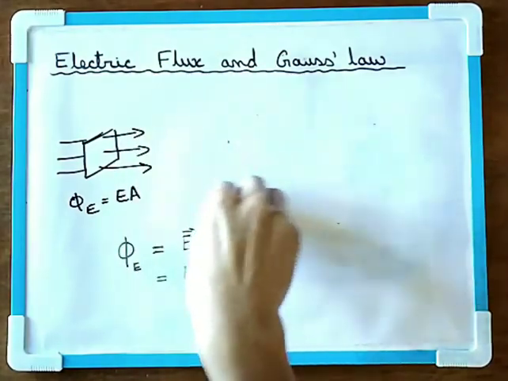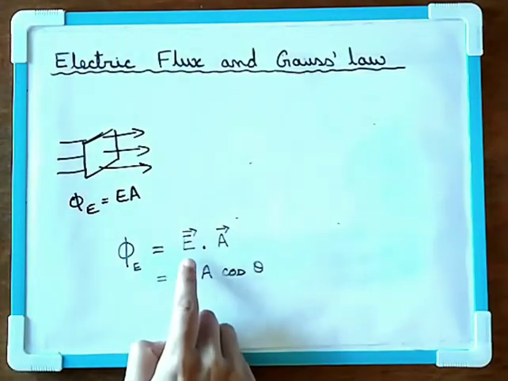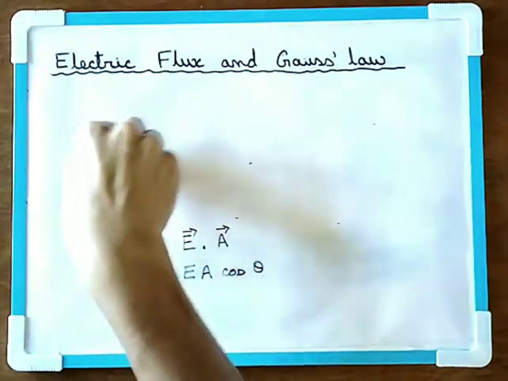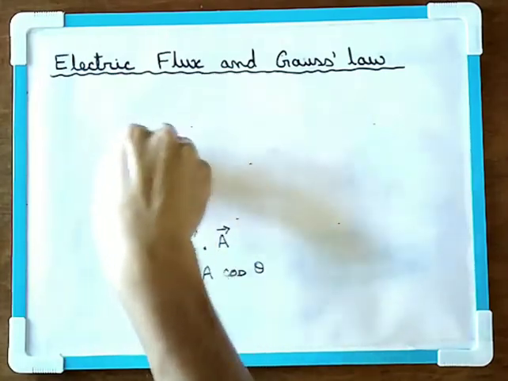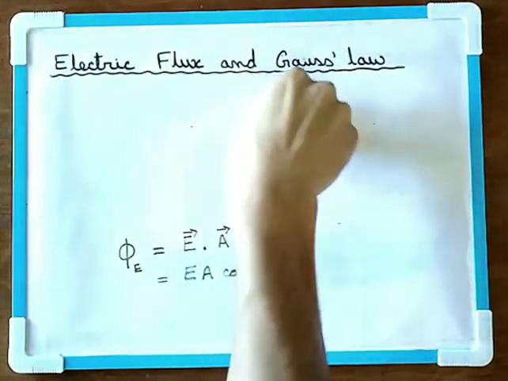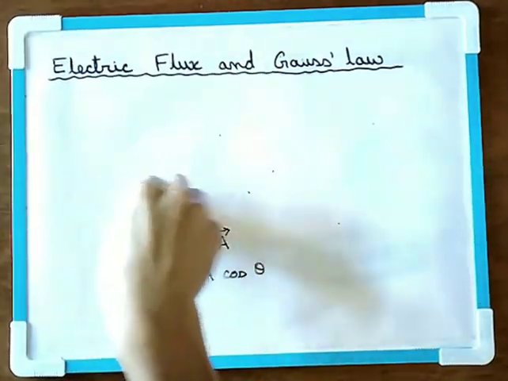So there's another expression for this electric flux. One expression is this one, E dot A. There's another expression which we are going to use, which involves integration.